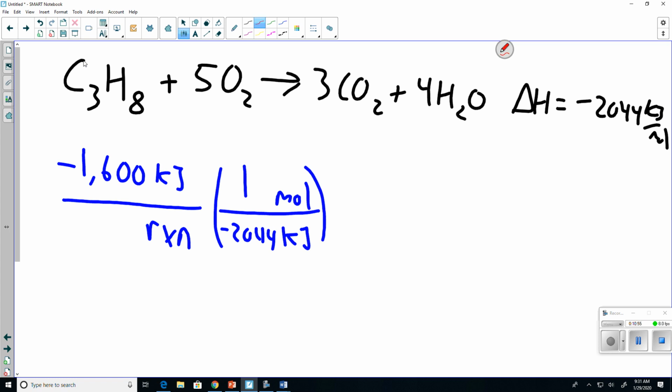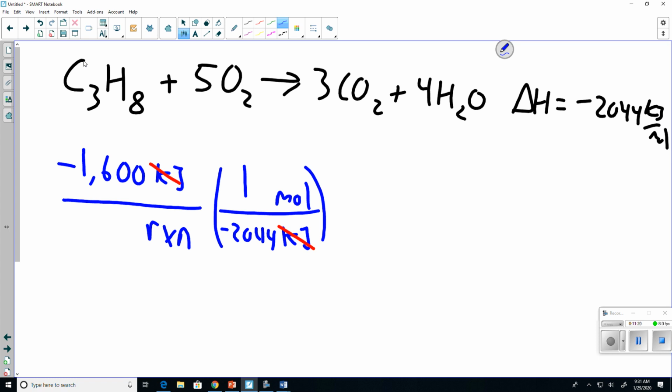If I do this, that cancels out. For every 1 mole of reaction, it gives off 2,044 kilojoules. But if I only gave off 1,600 kilojoules, how many moles of reaction do I have? That's basically what I'm trying to figure out to begin with here.